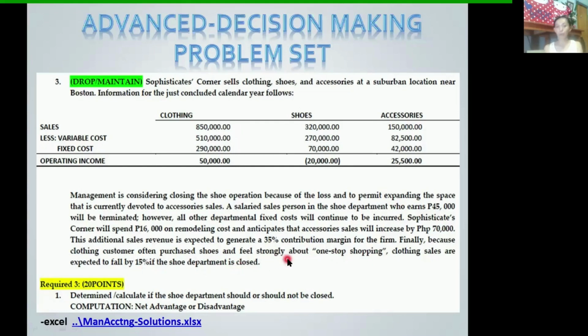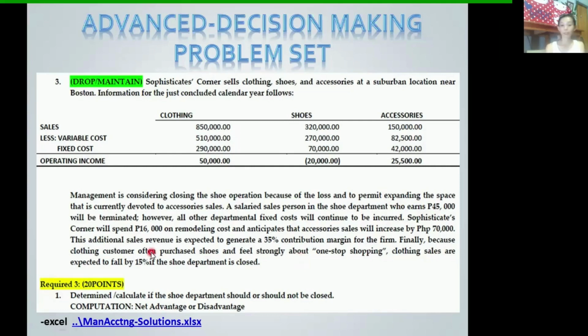This shows advanced level decision making because it's multivariate, meaning there are many variables or factors to consider before you decide either to drop or maintain a product, because some products are dependent or complementing each other, so a drop of a certain segment may affect the sales, either increase or decrease, of another product.